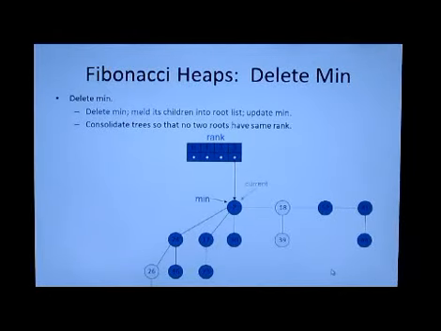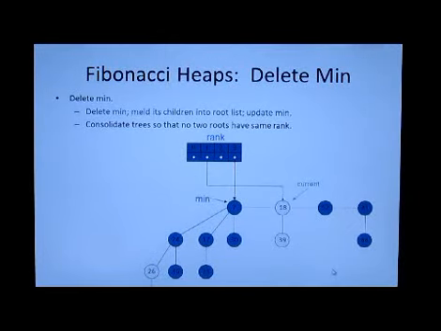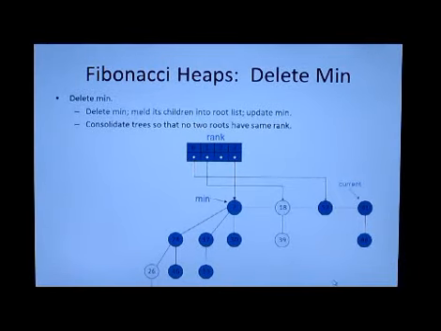Okay, we're done. We go to the next node, 18. Next node, 52. Next node, 41. Okay, in 41, again we face a duplicate rank. So again we should consolidate. 41 is greater than 18, so 41 will be the child of 18.